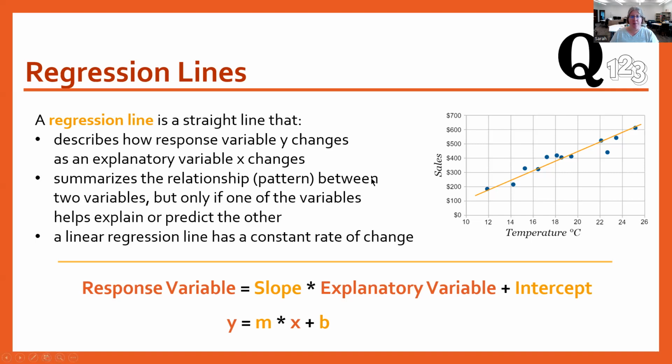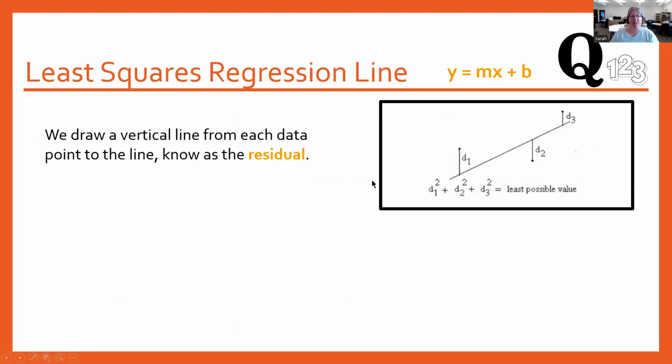But before we do that, the type of line we're using is called a least squares regression line. And to explain how this line comes about and works, we have to define a new term, and that term is the residual. So if we took our data point and we drew a vertical line straight up or down from our point to the line, that distance is called a residual.